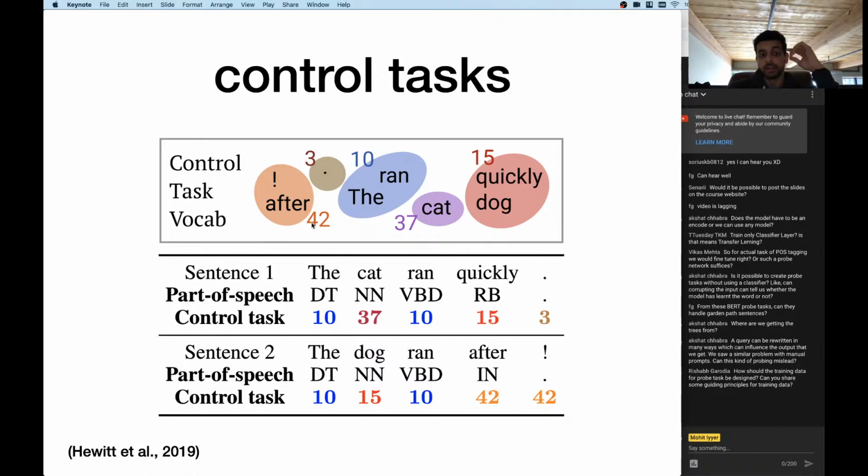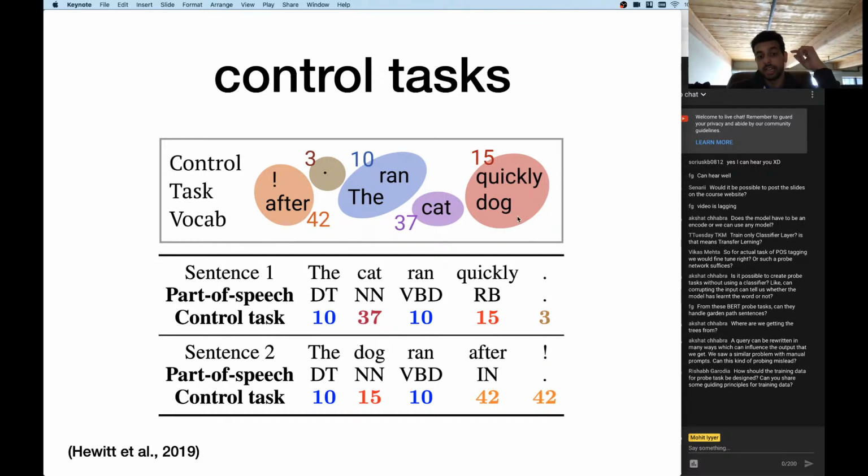Let's say there are 42 different parts of speech in their data set. They make 42 different subsets of their vocabulary. And these are done at random, so they are not grouped by part of speech. So here we have, in cluster 15, quickly and dog belong to this label, even though quickly is an adverb and dog is a noun.